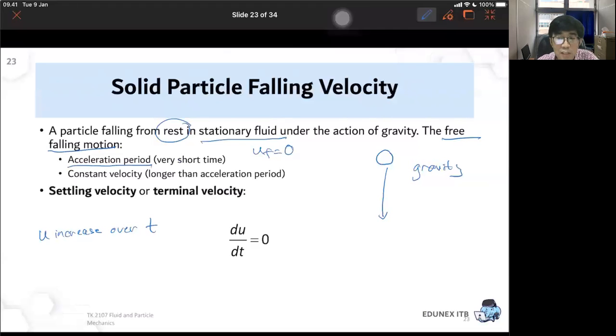But actually, it only happens in a very, very short time. After that, the particle will experience constant velocity. This is what we call settling velocity or terminal velocity. So settling velocity or terminal velocity is the condition when the particles are falling with constant velocity.